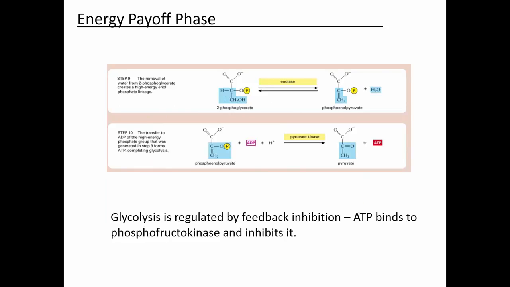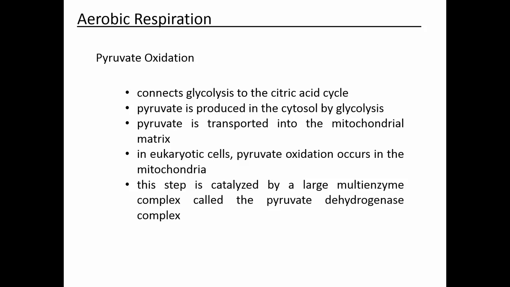Okay, so the second stage of aerobic respiration is going to be pyruvate oxidation. In the first bullet point, it says that basically you can think of pyruvate oxidation as connecting glycolysis to the citric acid cycle. So what we're going to see happens during pyruvate oxidation is you start with the product of glycolysis, 2 pyruvate molecules.